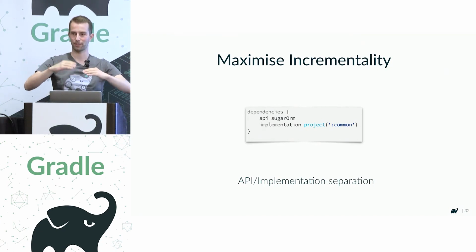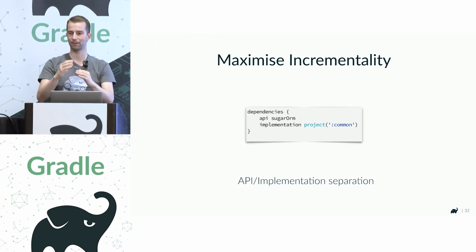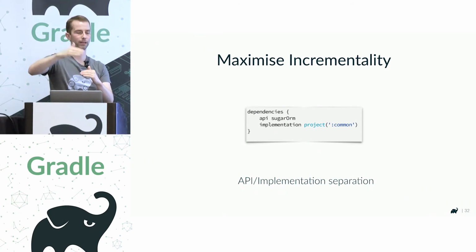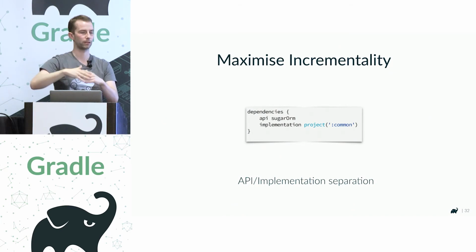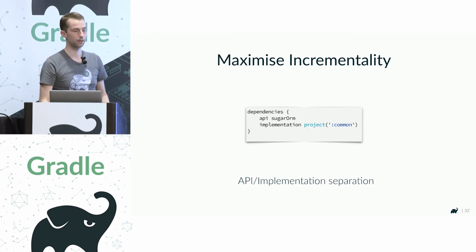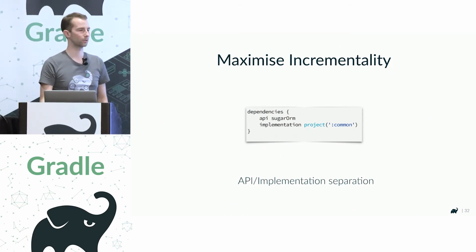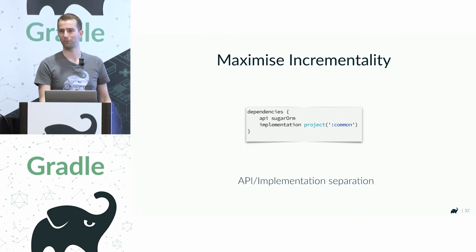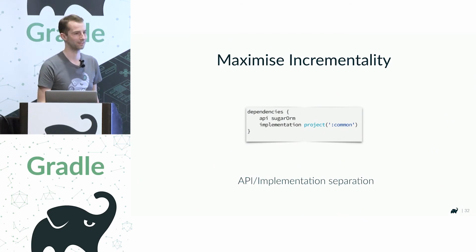As soon as we hit an implementation dependency, we no longer need to compile anything that's downstream from that. It's not going to leak anymore. There's a whole talk on this topic, so I'm just going to refer to that. Tomorrow, in the last slot, Cedric Champeau will talk about maximizing incrementality.